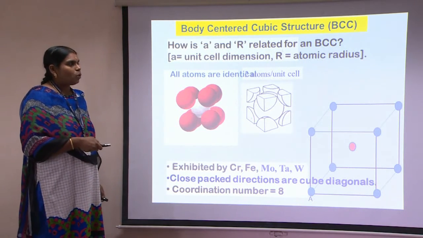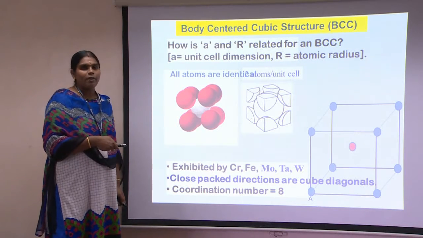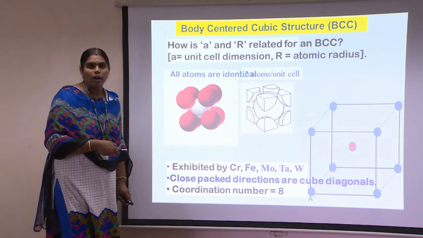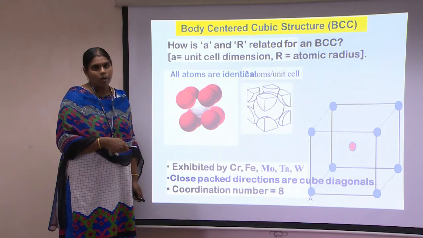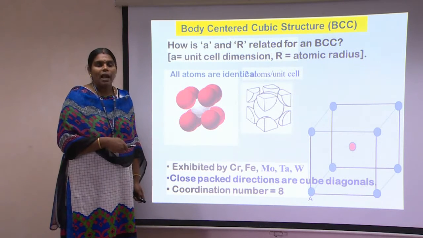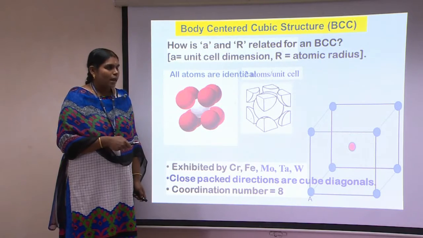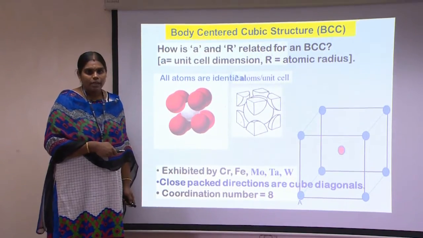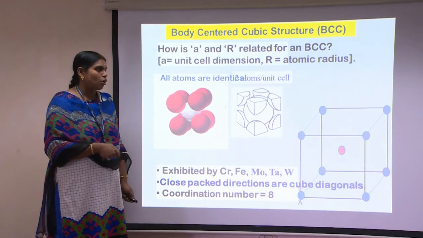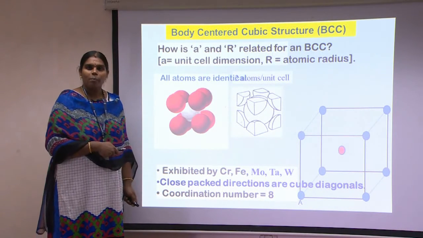First we have to look at the corner atoms. There are 2 types of atoms present here: one is the corner atom, and the second one is the body centered atom. Each corner atom is shared by 8 unit cells, and hence the contribution of each corner atom is going to be 1 by 8.